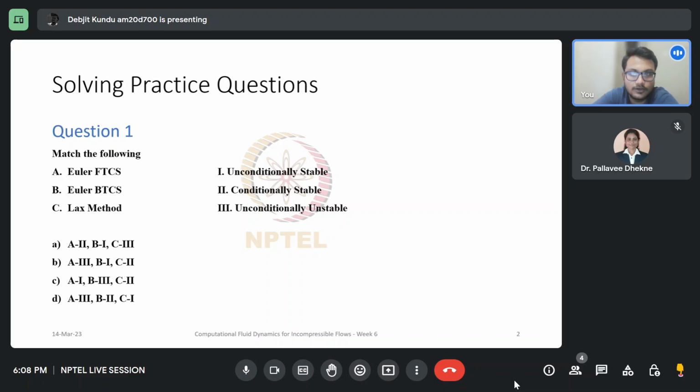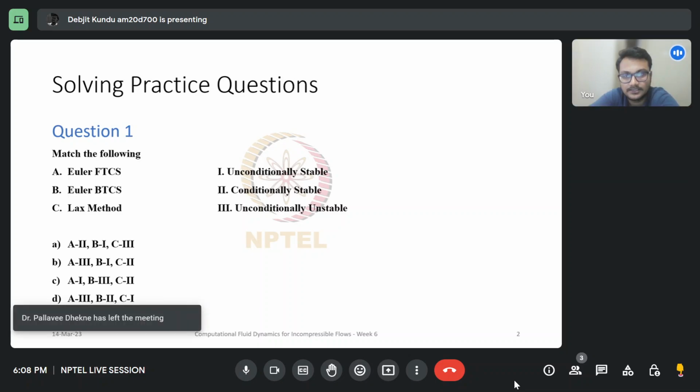So you have to match each method with its proper stability. FTCS means forward in time and central in space, and BTCS means backward in time and central in space. And we have different combinations in the options given below.